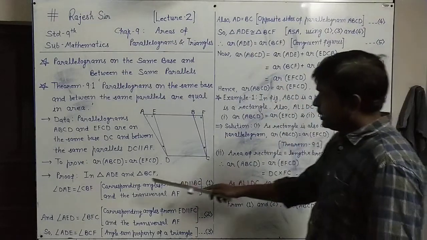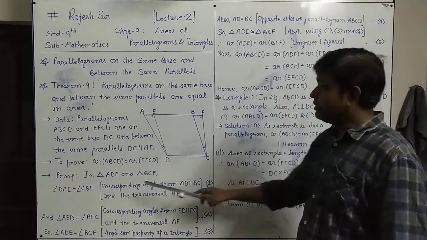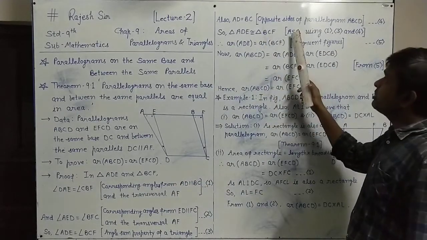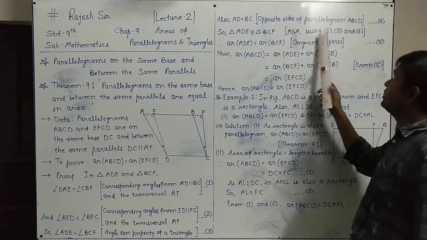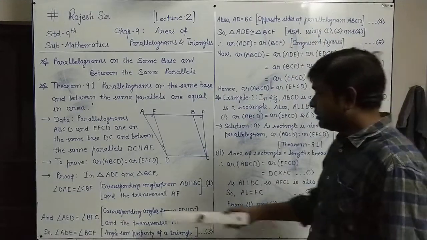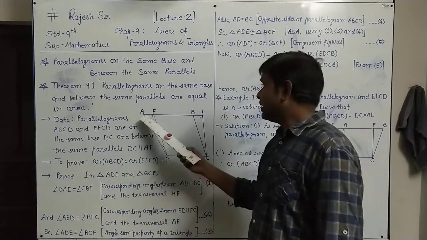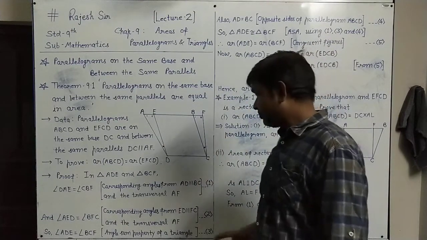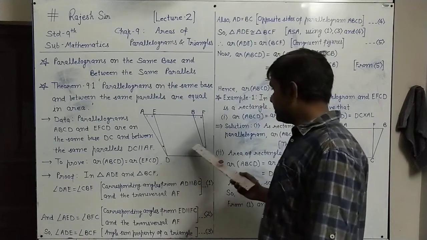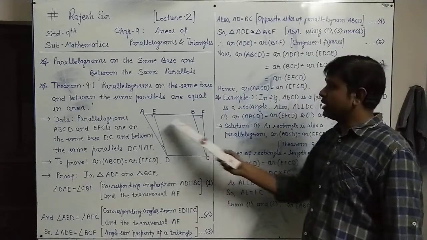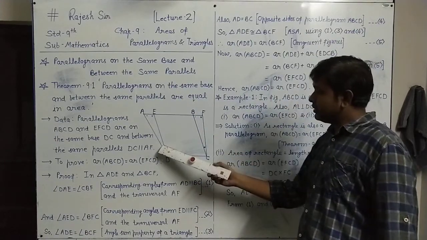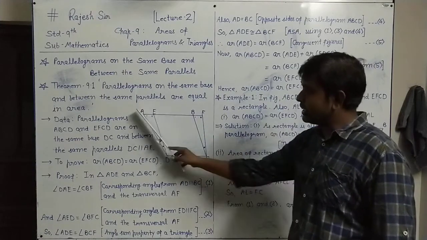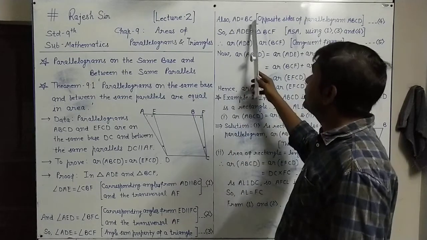Therefore, triangle ADE and triangle BCF, which we have started with, are congruent, by angle side angle using 1, 3 and 4. In 1, this angle we have shown equal, A and B. In 3, the D angle and C angle we have shown equal in these two triangles. A and B equal, D and C equal, and between those two, the side AD equals BC, that we have also shown.